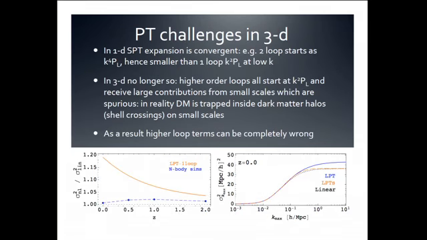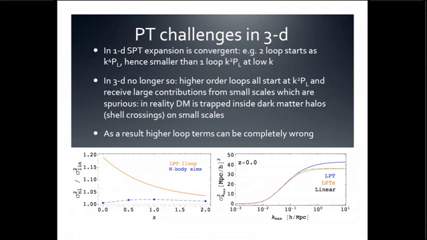All right, so what happens? Which of these lessons can then be extended to 3D? Most of these things are still true in 3D, except that it's no longer true that LPT is necessarily better than SPT. The reason is that in 3D you get these higher loop terms, both in SPT and LPT.